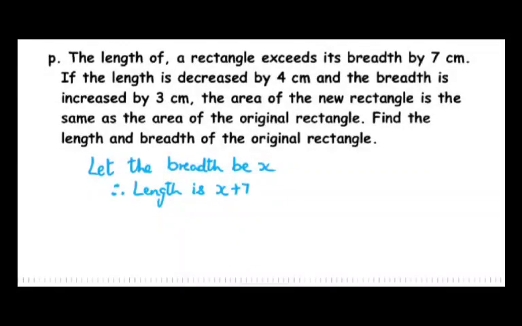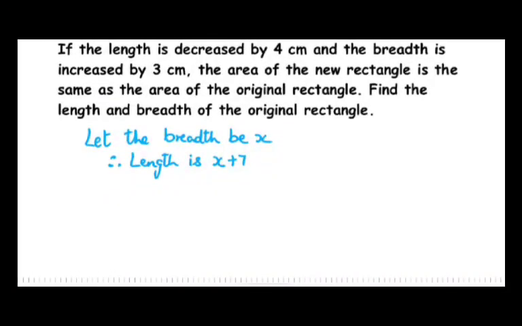If the length is decreased by 4. So now children, let me have two different ones. So this is my first breadth, I can write this as b1, and this is my first length, I'll write it as L1. So L1 is equal to x plus 7, b1 is equal to x.